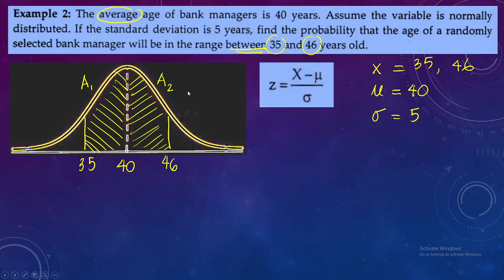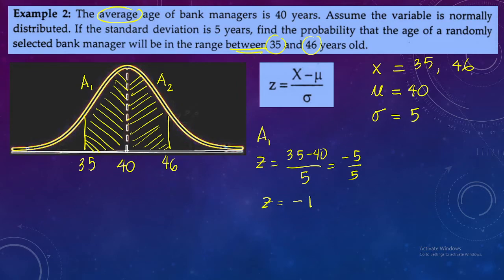To solve this one, we need to solve Z first. So our Z, let's focus first on area 1. We have the X for area 1. This is our X, 35 minus 40 over 5, which is negative 5 over 5. The Z is simply negative 1.